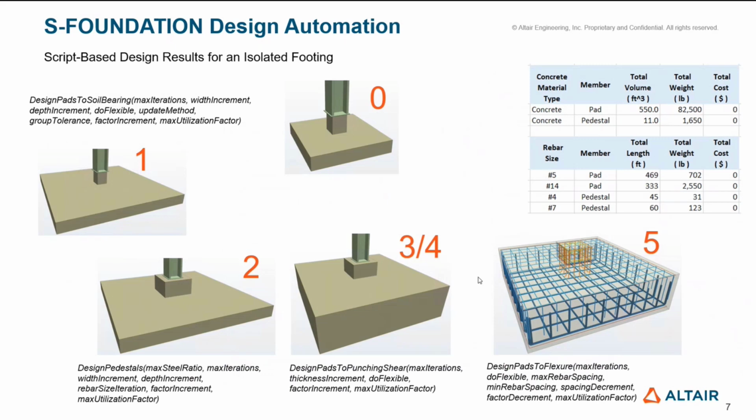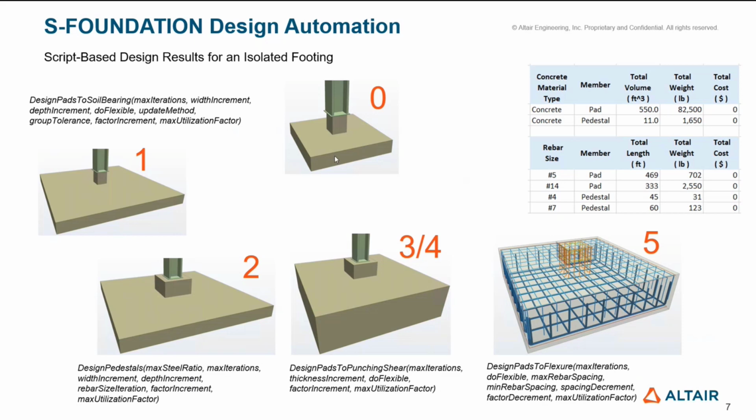So in a nutshell, this goes through the process and shows what the effect of each step is going to have. We started with something that looks a little ridiculous, at least in my mind, maybe others not: a small pad, a small pedestal with a relatively large column. The first step is to come up with the size of the pad.